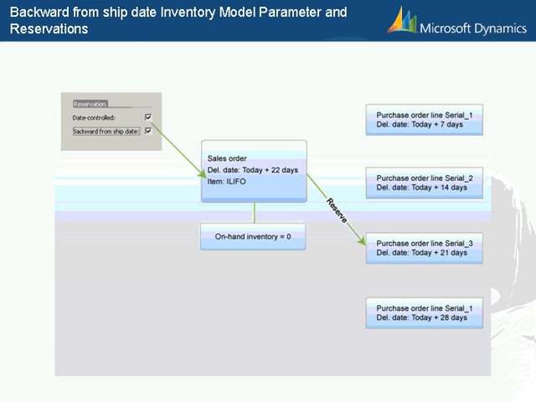So there are two rules about primary stocking and reservation. Rule 1. The primary stocking dimension must be specified when physically updating item receipts or issues.